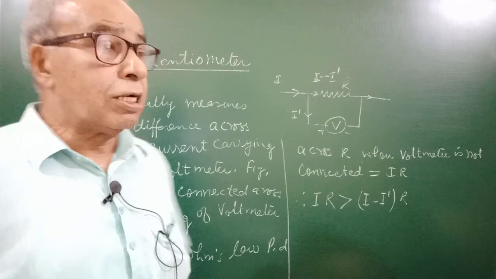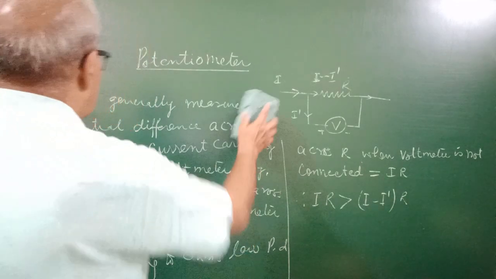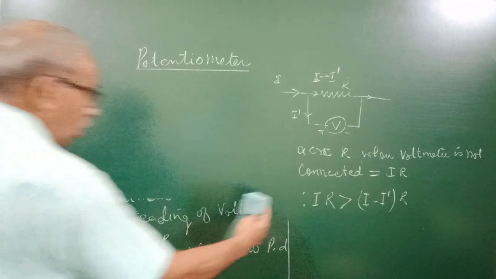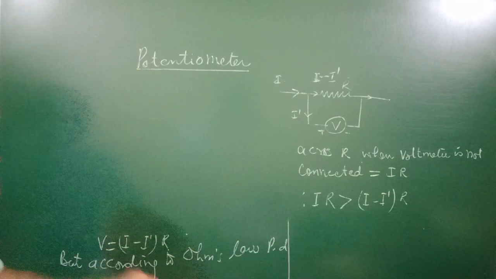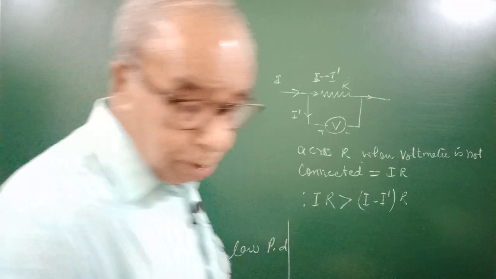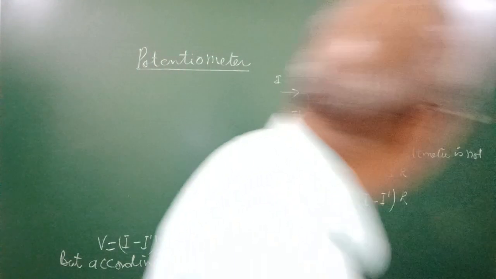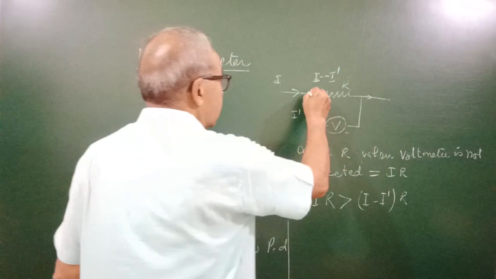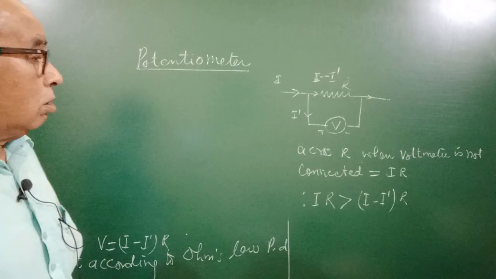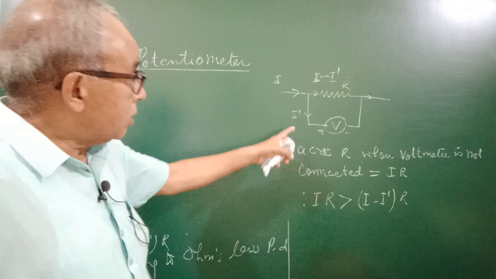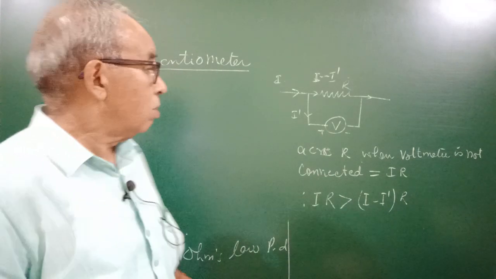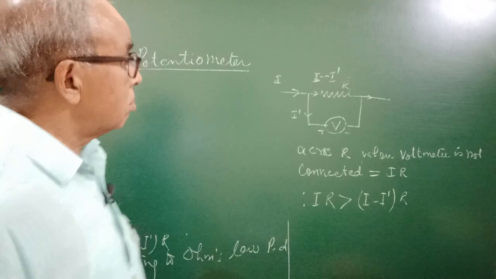If the voltmeter does not draw any current, then the reading of the voltmeter would be exactly according to Ohm's law. But the voltmeter's problem is that it always takes some current. Without taking current, it can't give deflection. And therefore the voltmeter always reads a value less than the actual. How to make the reading nearly correct?